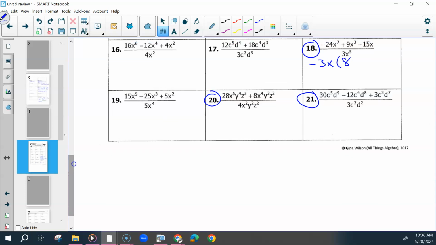That would be a positive 8x to the 6, yes, minus -3x squared plus 5. Normally, yes. If your GCF and your denominator are the same, those would just cancel and whatever's left would be your final answer. But because that's not the case here, we have to simplify it and then factor that back in.